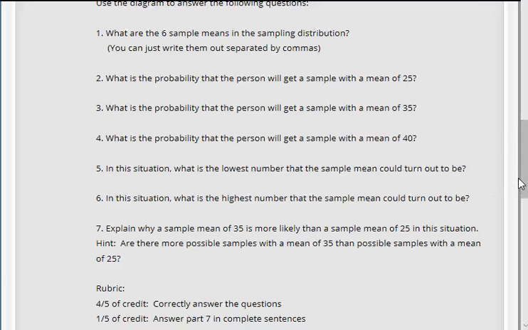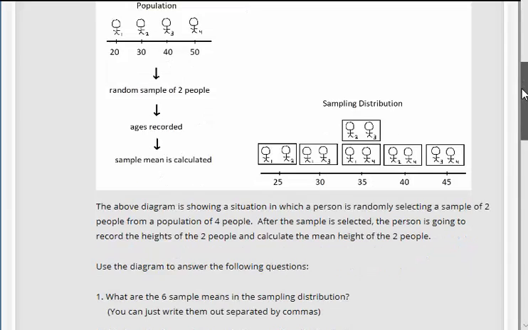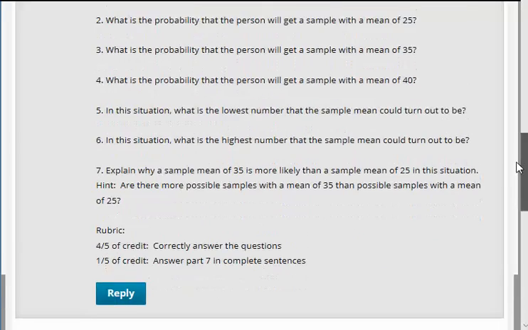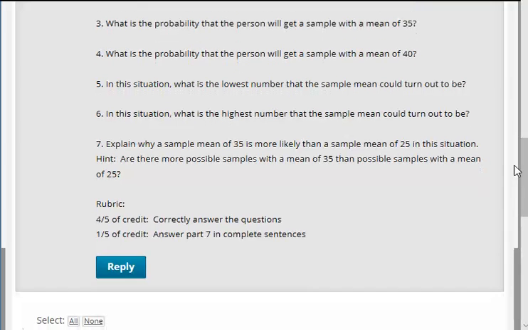Well, if the highest box has a mean of 45, then the sample mean can't be any higher than 45. There's no way to get an average higher than 45. So those 2 questions are asking you to find the lowest box and highest box.